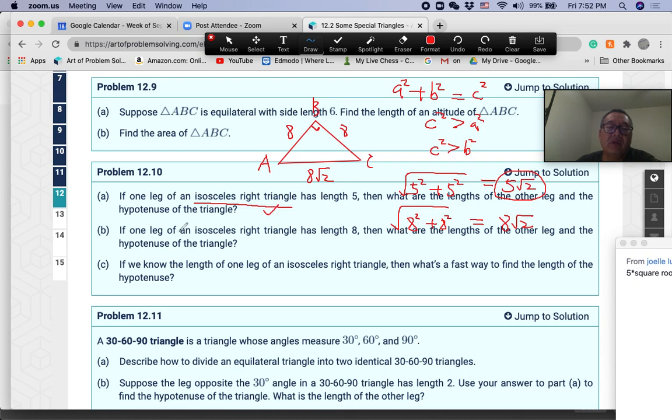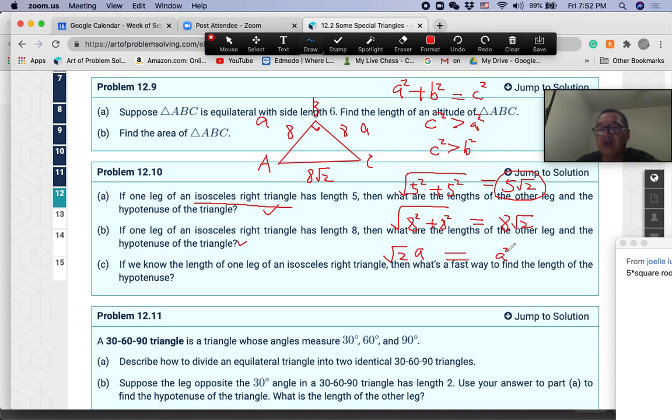Right? Now C. If we know the length of one leg of an isosceles right triangle, then what is the faster way to find the length of the hypotenuse? Now suppose this side is not a specific number but A. Then the other leg will also be A, because this is an isosceles right triangle. Then the hypotenuse will equal root 2 times A. You know why?